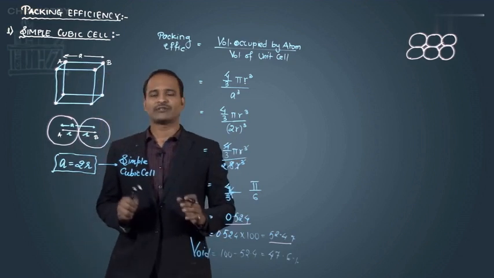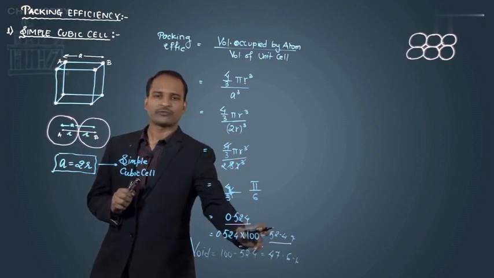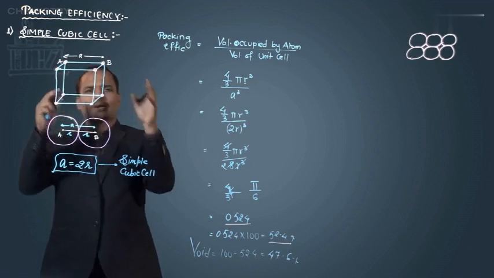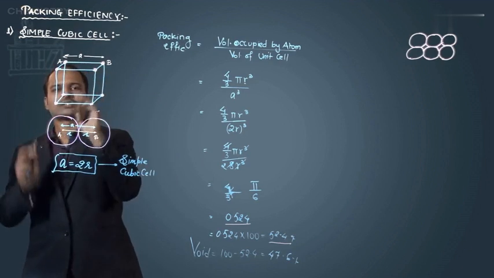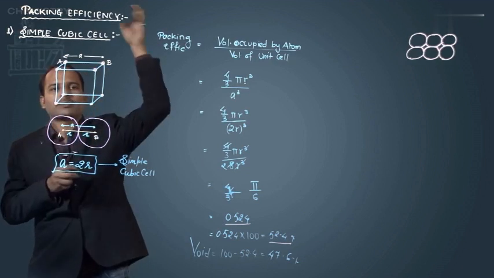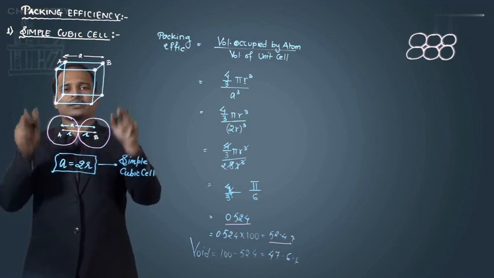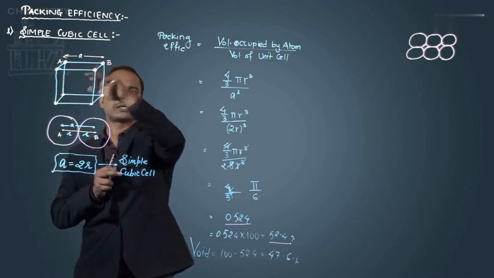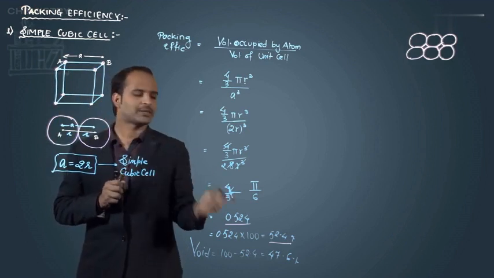So the simple cubic cell contains one atom, and this one atom occupies part of the total available space in a cube. Suppose this is the cube. Packing efficiency means what? If I join these corners, I will get one sphere. If I keep that one sphere inside the cube, then the total space is the space present in the cube, and that one sphere occupies some of it, which is the packing efficiency.